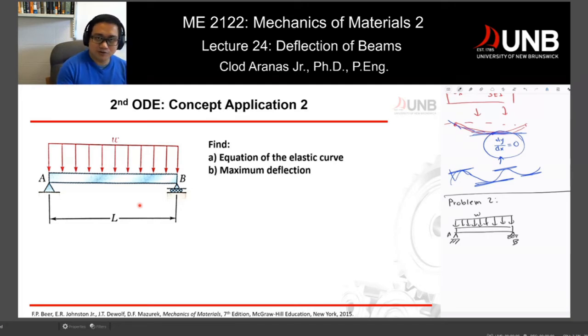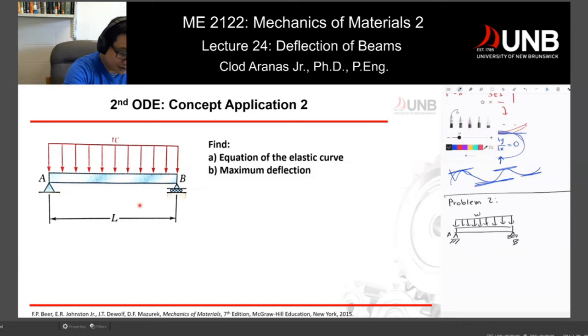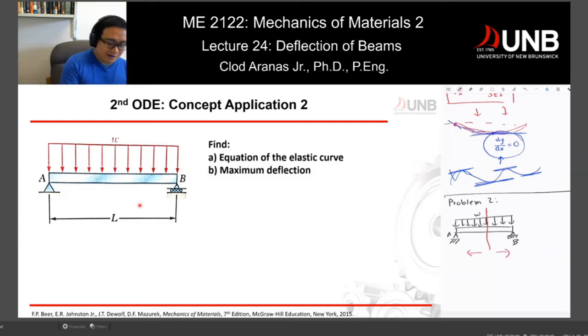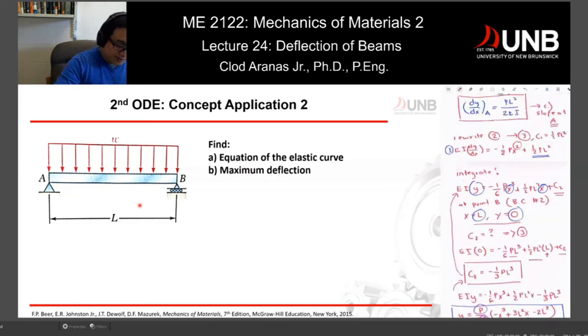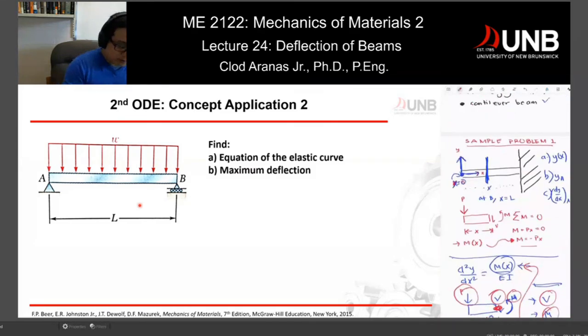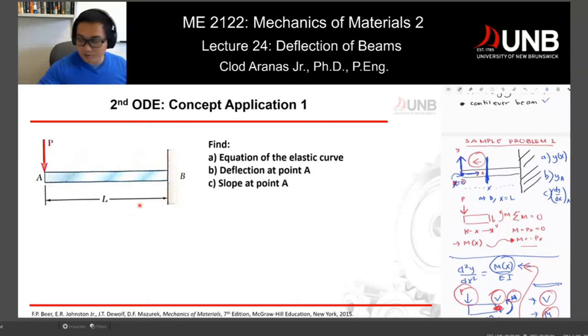Because even if you slice the beam to the left or to the right, to determine your moment as a function of x, you can imagine that I need a force at the left, because this produces a reaction at A and a reaction at B. Now, in the previous problem, we don't have that issue because we took the left side of the beam, which has a value of P, a force P which is given.